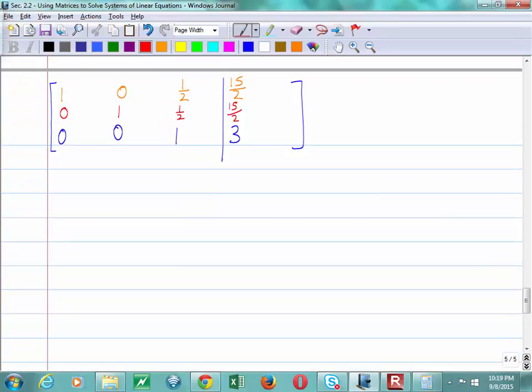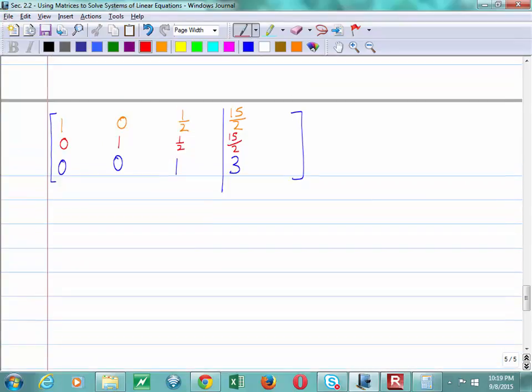Okay, now I need the 1/2 to turn into a 0. So to do that, I need to do negative 1/2 times row 3 plus row 1 gives me the new row 1.